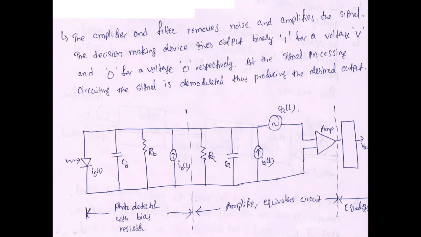Next, RB is the bias resistor, and IB of t shows thermal noise generated by the RB resistance.